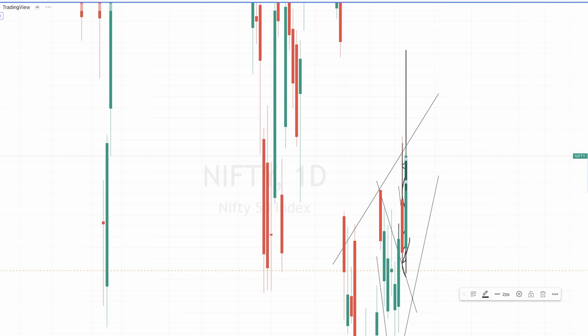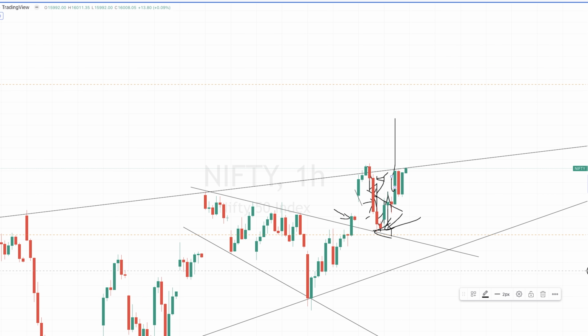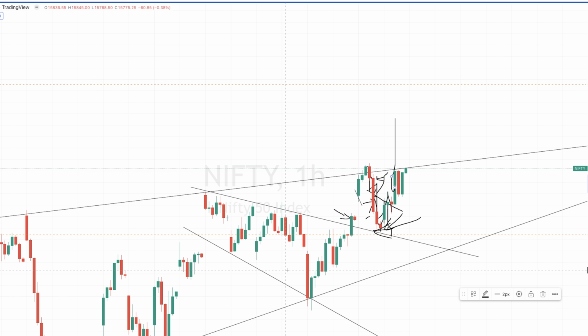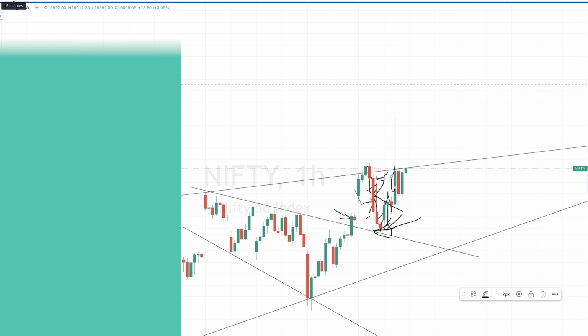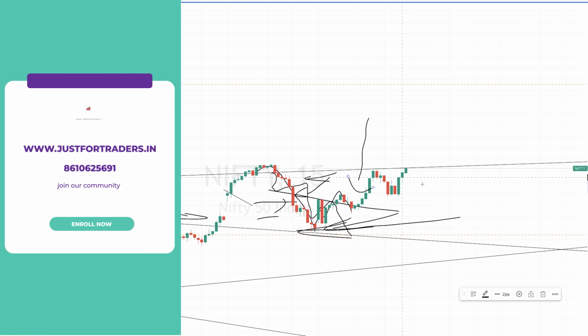So my plan is, as I said, these trades are not very serious trades. I would not be trading every day. Probably when I get very good setups in Nifty or Bank Nifty, maybe, who knows, let's see. But for now I'm sticking to Nifty, and I'm taking trades only if there is a solid reason, and not every day just because I have to.